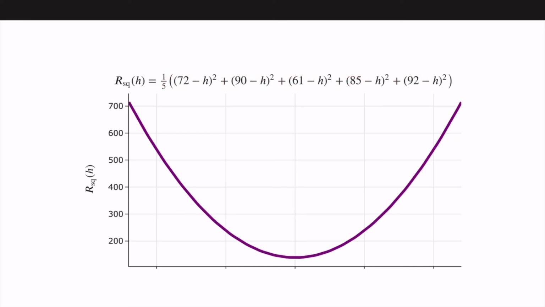If we take that original data set and graph the function for the mean squared error, then I believe the mean for this was 80. So we'll use maybe red. That would be right here.